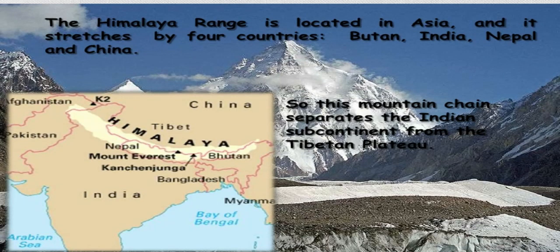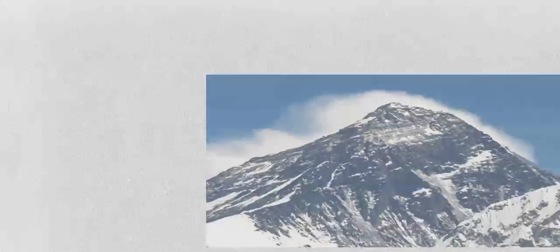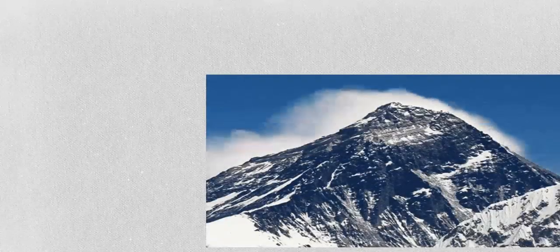So, this mountain chain separates the Indian subcontinent from the Tibetan plateau. I hope you all know the definition of plateau as well. Please see the map in the image. Let's move further.